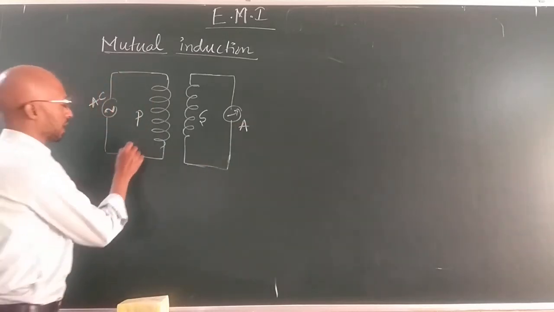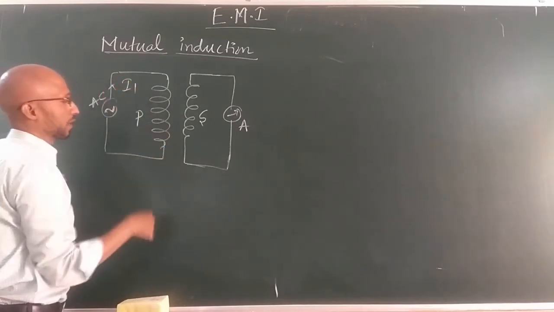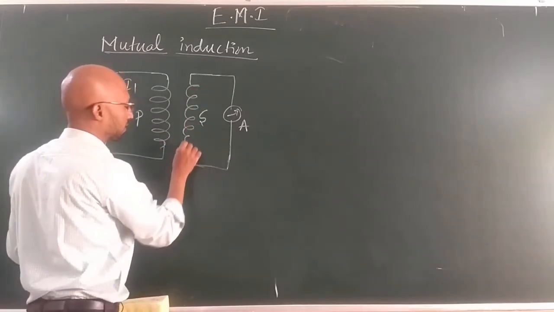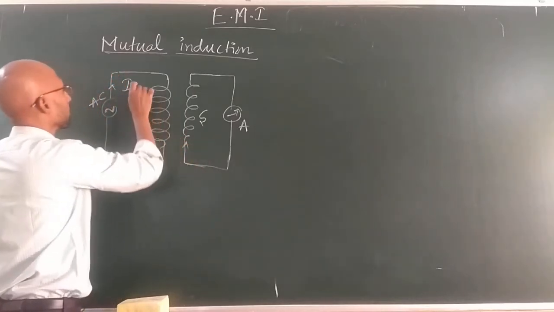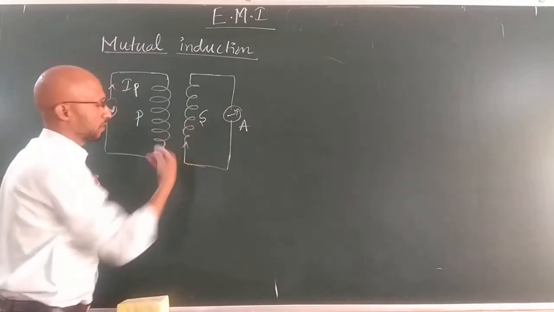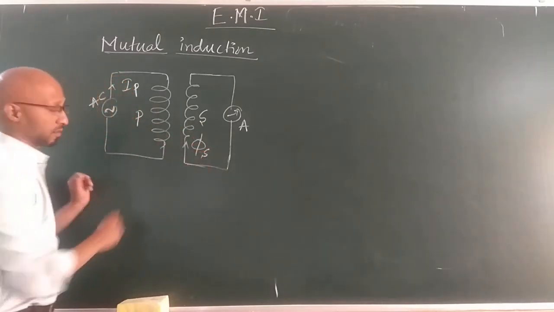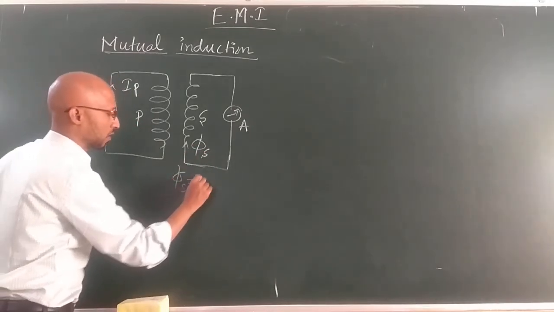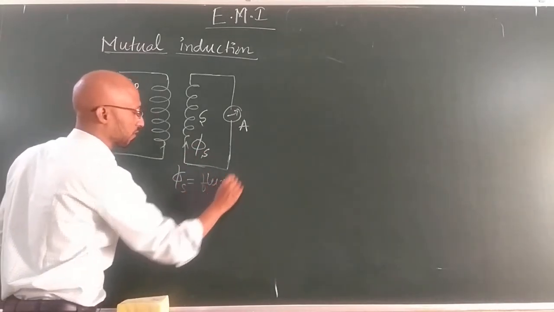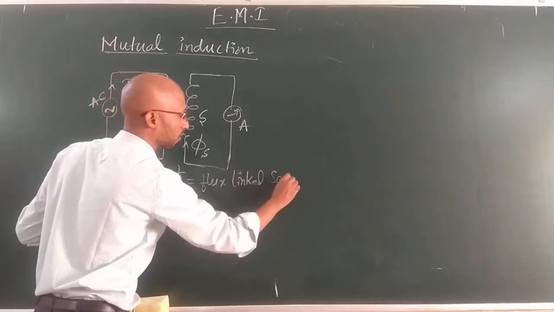Now if I_P is the current flowing in the primary coil, whatever flux is generated here is written as phi_S, the flux linked with the secondary coil.